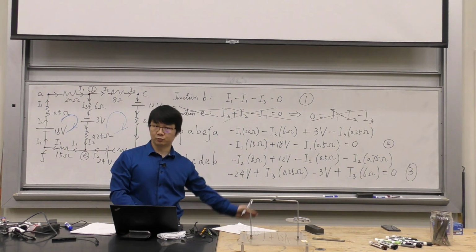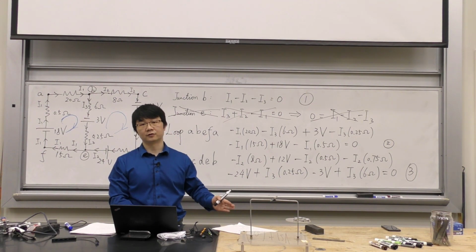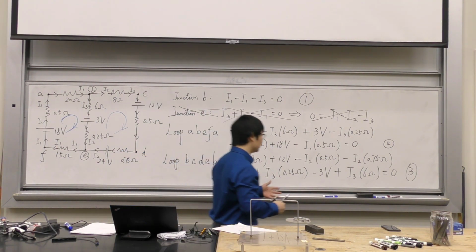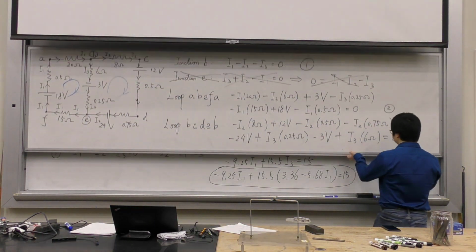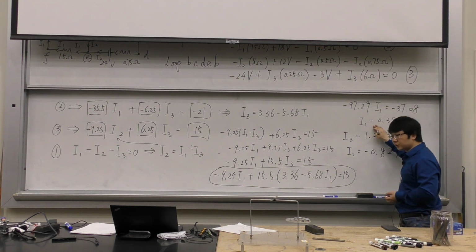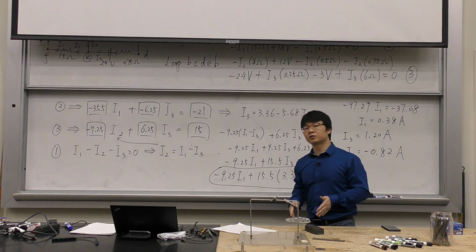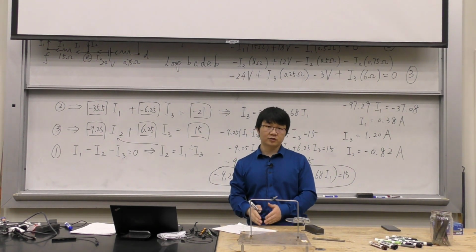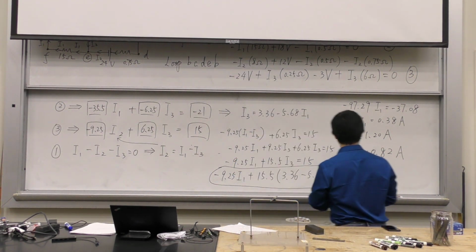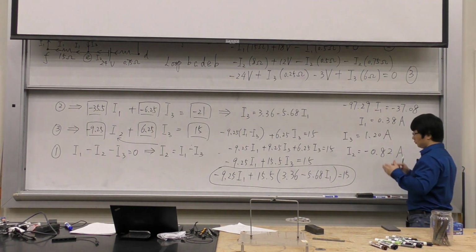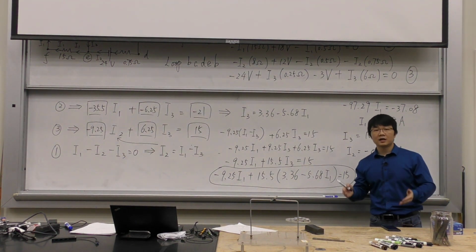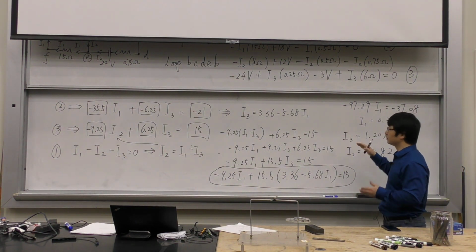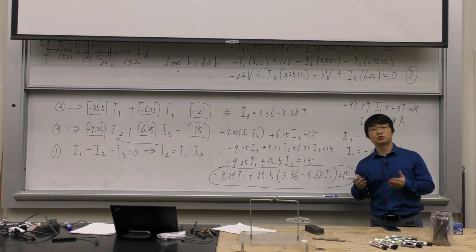You do the algebra. You finish everything correctly. If the answer you got is positive, that means your assumption for I1 is right. I1 is going in the direction you assumed. You get I3 positive, it's going to be in the direction you assumed.